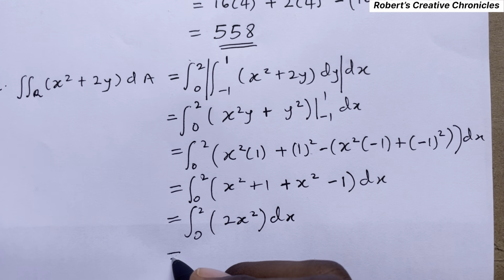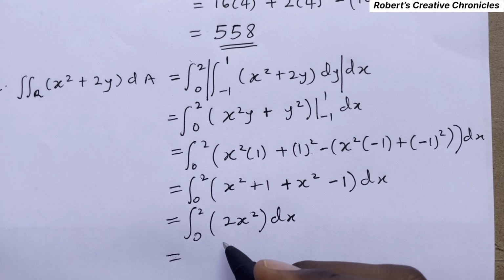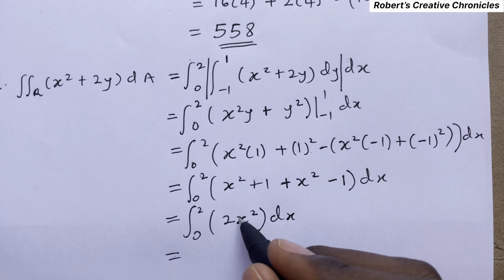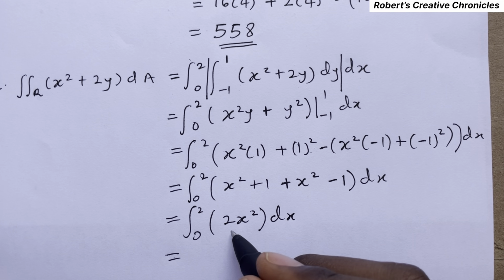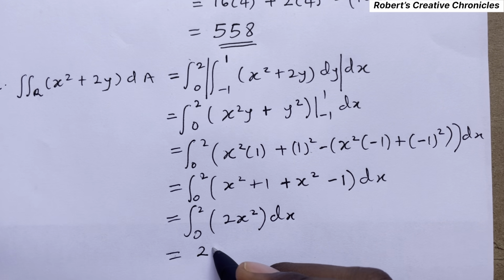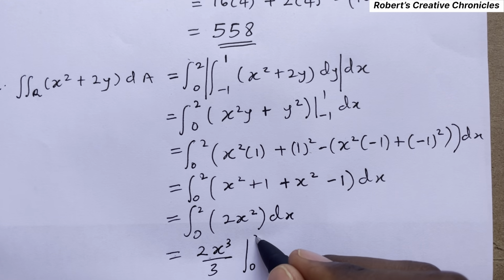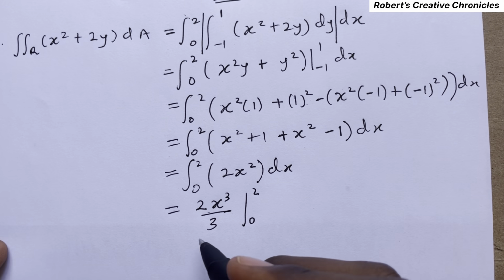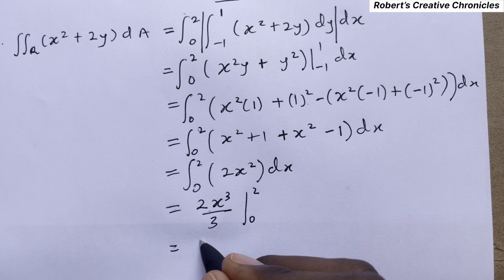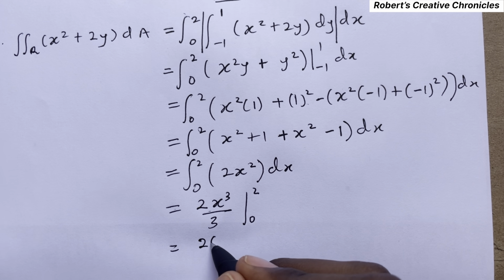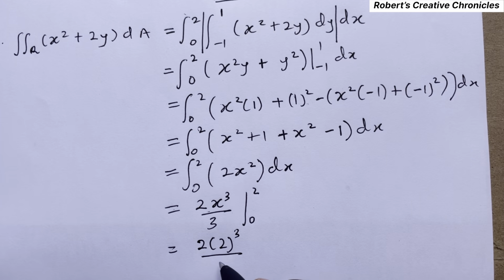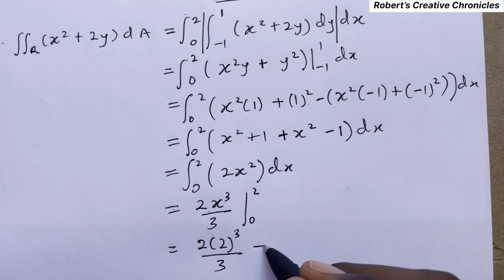Then we'll find the integral of 2x squared. The integral of 2x squared is 2x cubed over 3. Then we'll substitute the limits. This becomes 2 cubed over 3 minus 0.